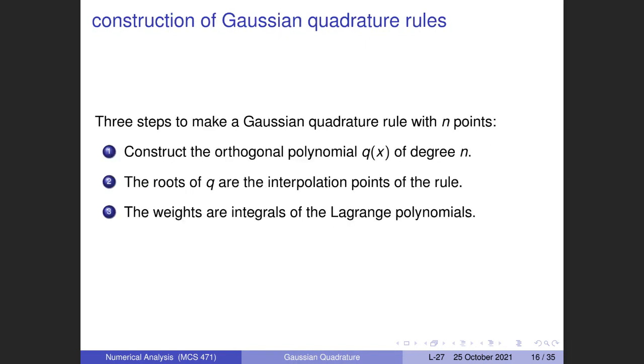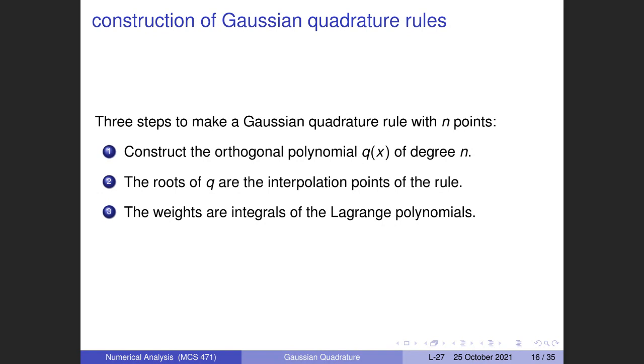All right, how do you do things now? Here are 3 simple steps to make Gaussian quadrature rules. We construct orthogonal polynomials up to a certain degree. We compute the roots, which are then the interpolation points.